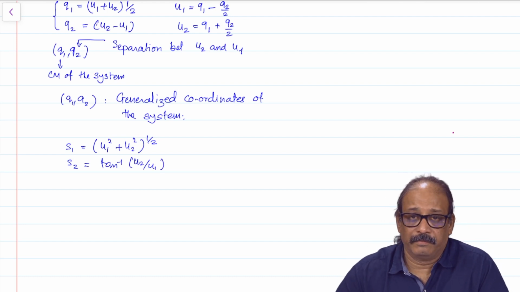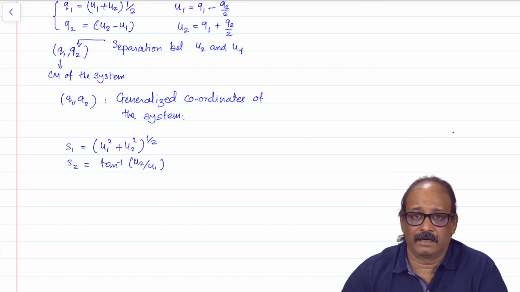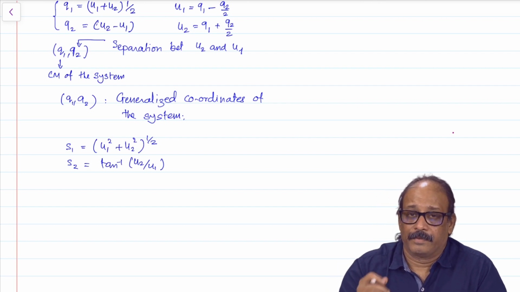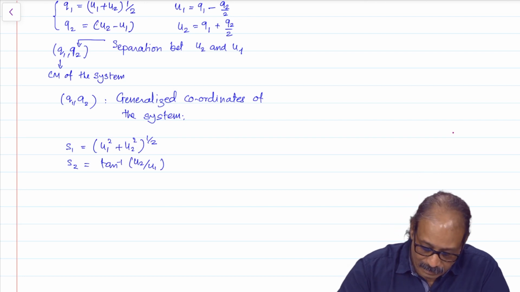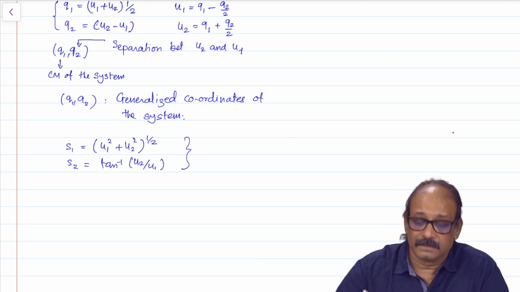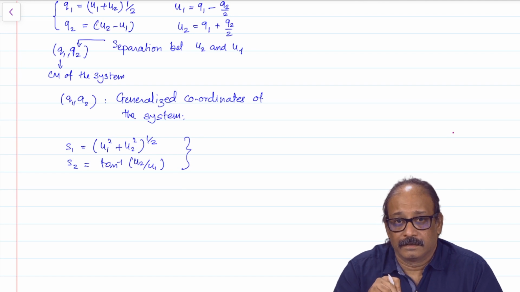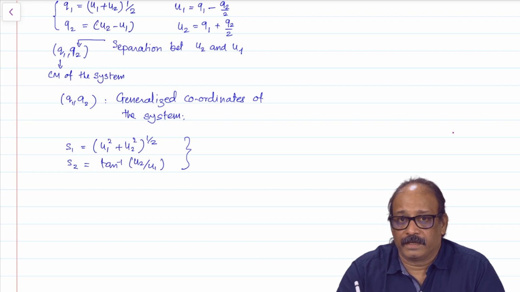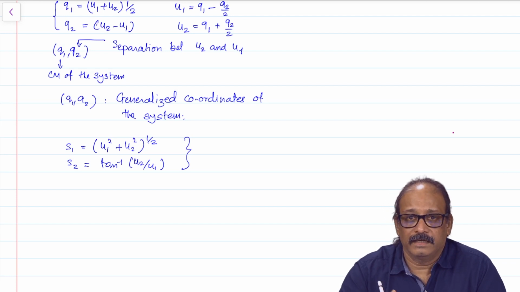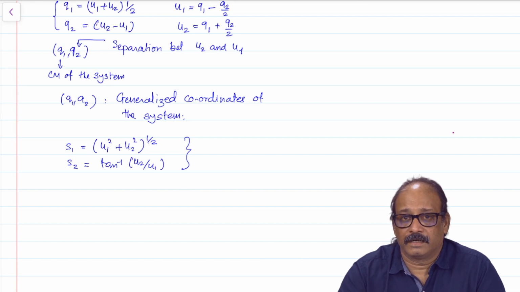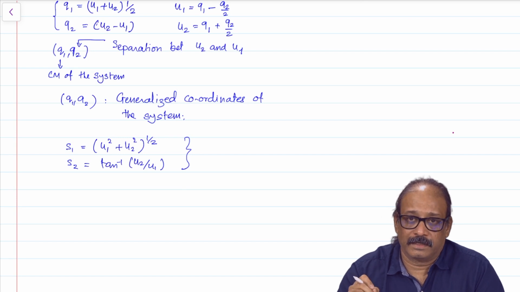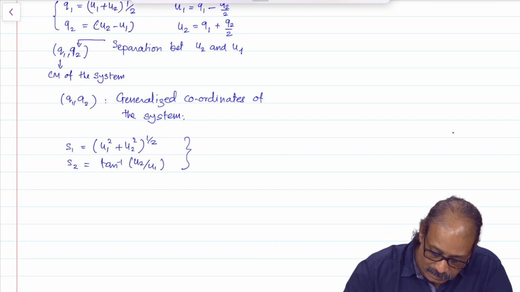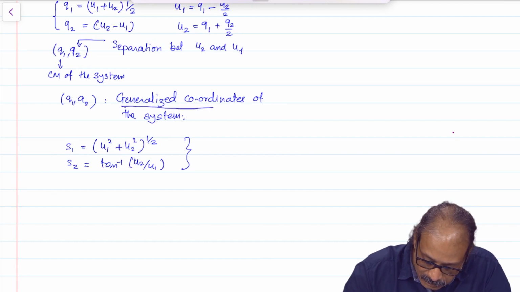What would be the meaning of S1 and S2? That would be slightly harder to interpret, but the thing to remember is that even these two coordinates contain the information about the configuration of the system. So, in the configuration space, you could use any set of coordinates, and those coordinates will not necessarily refer to the actual coordinates of the particle, and such coordinates are called generalized coordinates of the system.